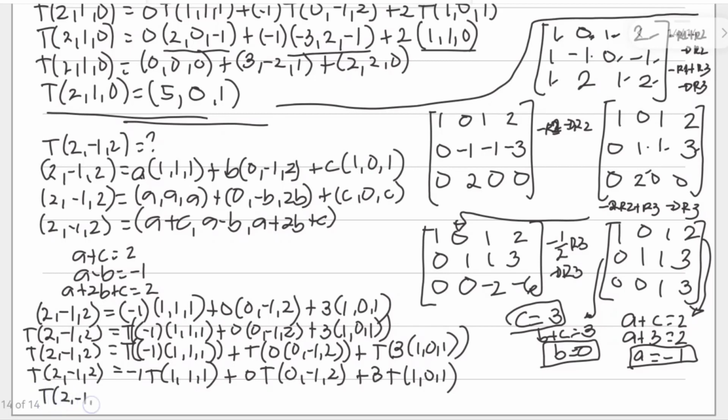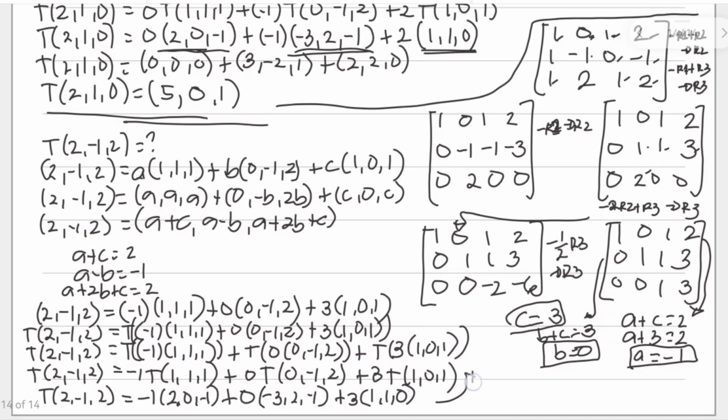Okay, so we'll have it here. T of (2, -1, 2) is negative 1 times the transformation of (1, 1, 1). We have it here, so (2, 0, -1). Plus 0 times, we have this, (-3, 2, -1). Plus 3 times (1, 1, 0).